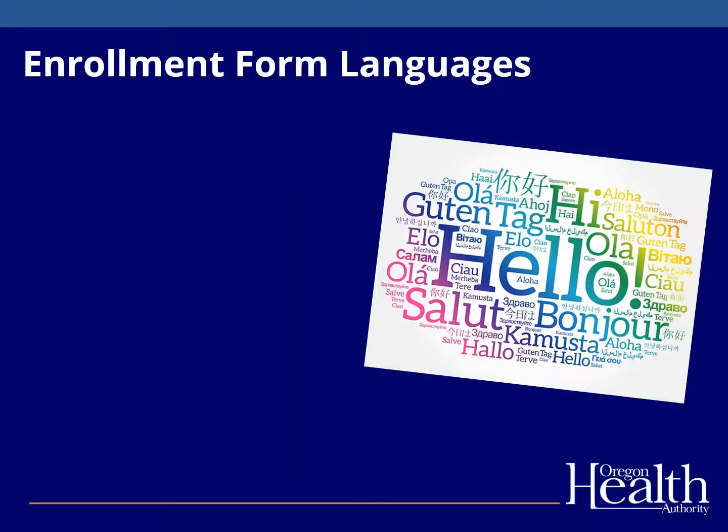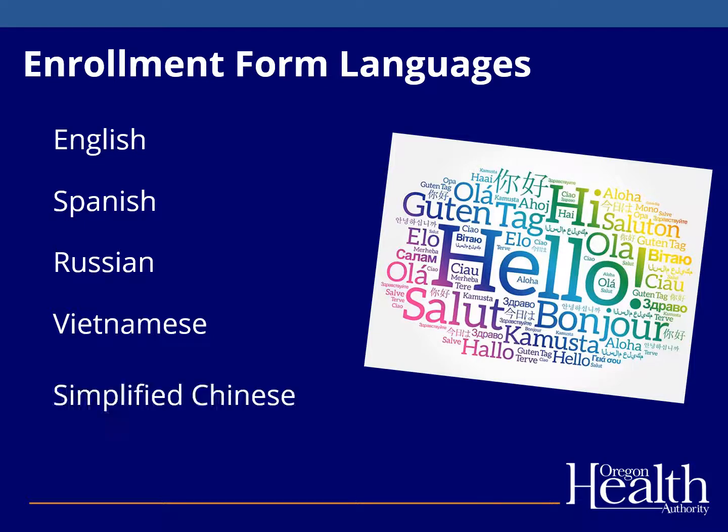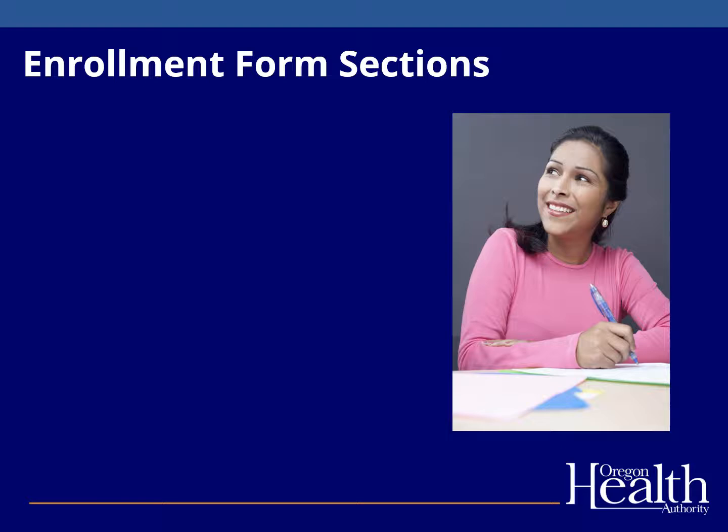Okay, it's enrollment form time. The enrollment form is available on our client enrollment webpage in English, Spanish, Russian, Vietnamese, Simplified Chinese, and Korean. And it essentially has three sections: the eligibility section, the demographics section, and the staff page.